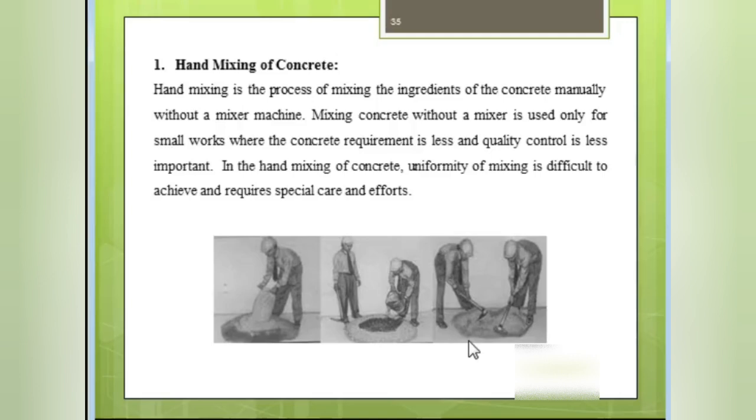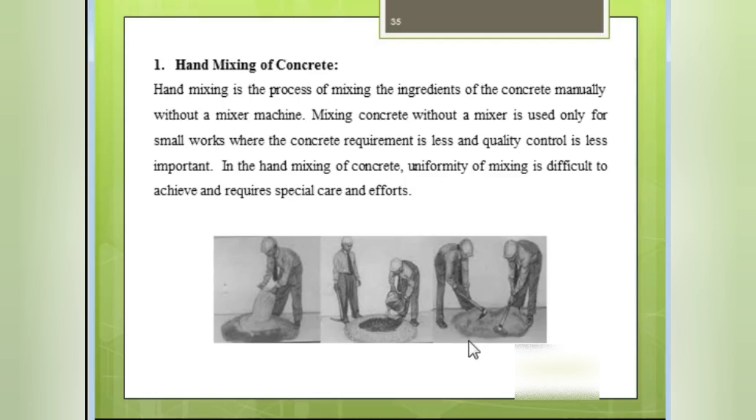So these are the three methods: manually, machineries, and ready mix concrete. Hand mixing can be used only where the concreting is small. Hand mixing is the process of mixing the ingredients of the concrete manually without a mixer machine. In this figure, you can observe that the person is making the concrete mix with the help of their hands.